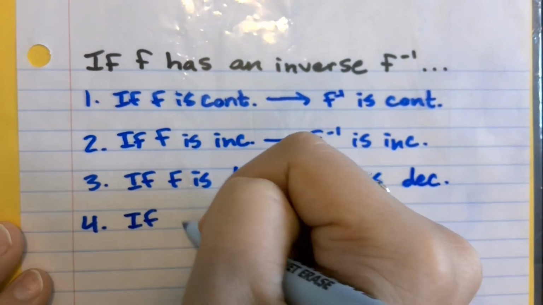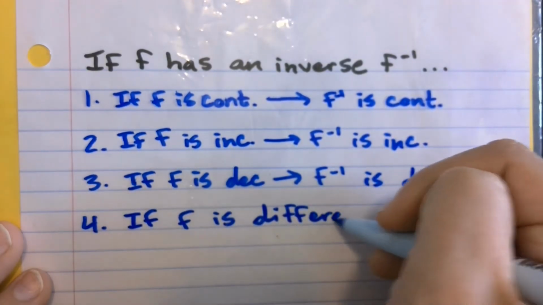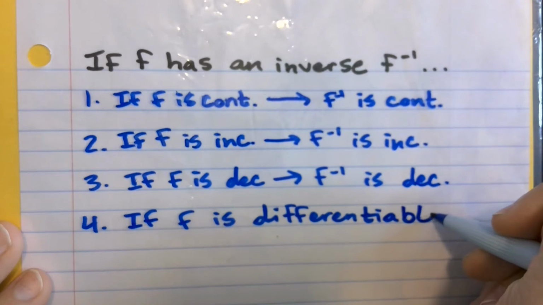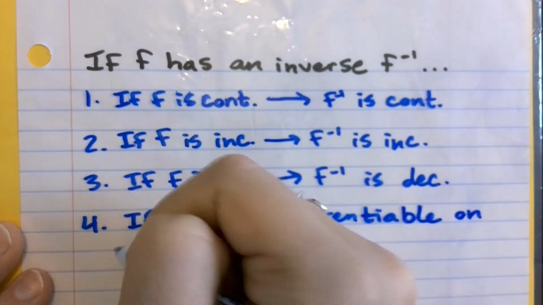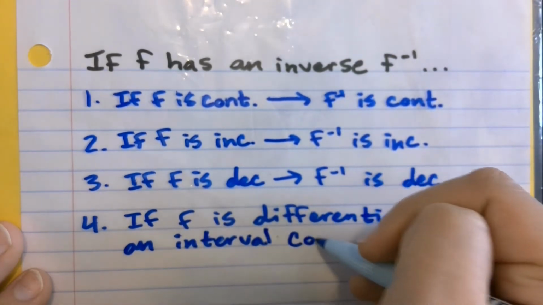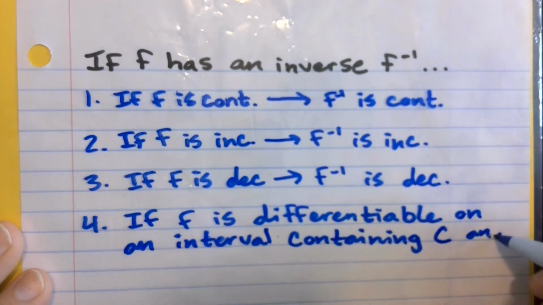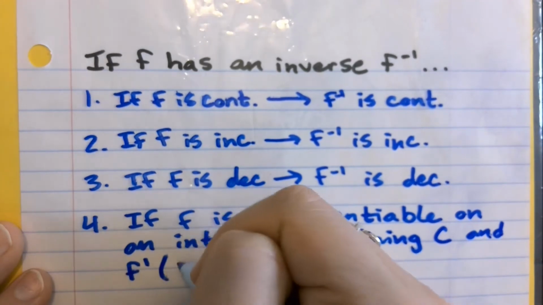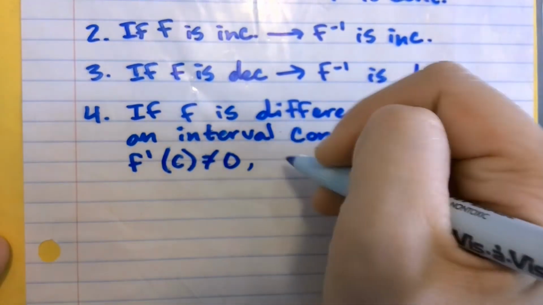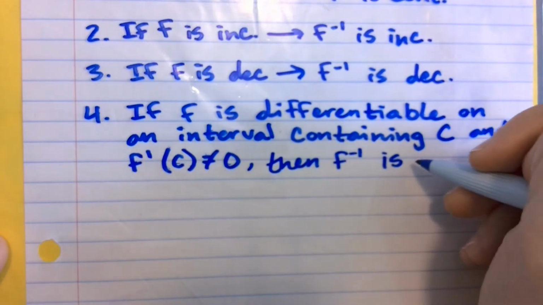If f is differentiable, and this one's a little bit less straightforward, I guess, differentiable on an interval containing c and f prime of c doesn't equal 0, then f inverse is differentiable at f of c.